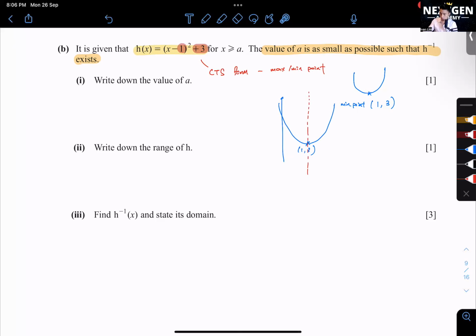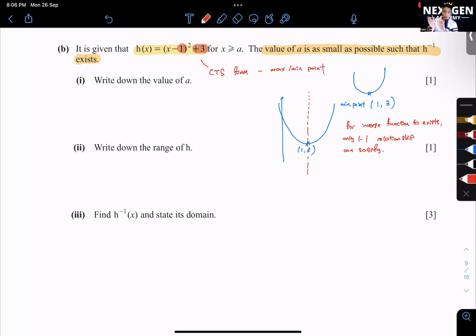Why? Because for the inverse function to exist, you got to remember this: only a one-to-one relationship can satisfy this.